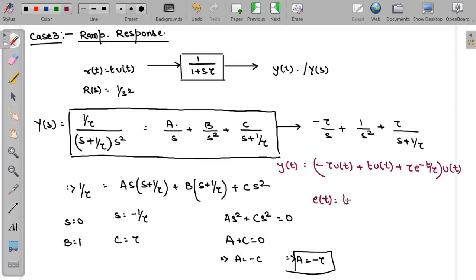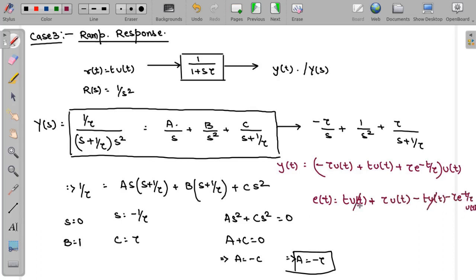So if you write t u(t) minus, I am opening this bracket, this will be tau u(t), minus minus becomes plus, and over here this will be minus t u(t) minus tau e to the power minus t by tau u(t).